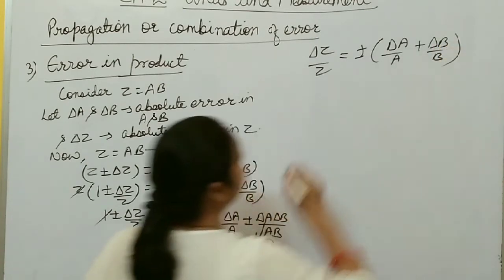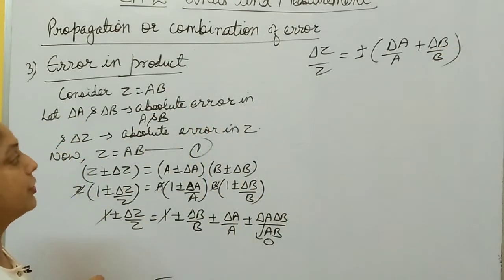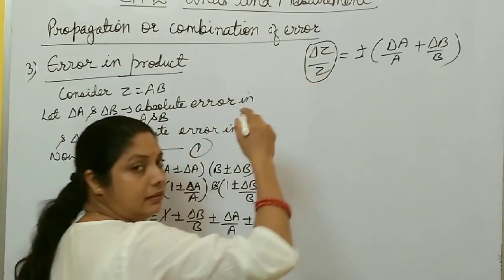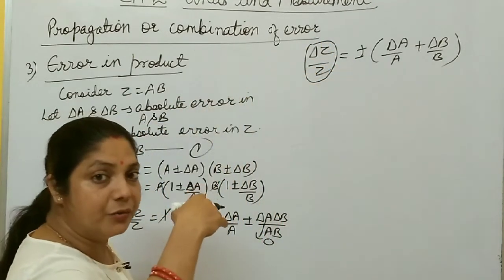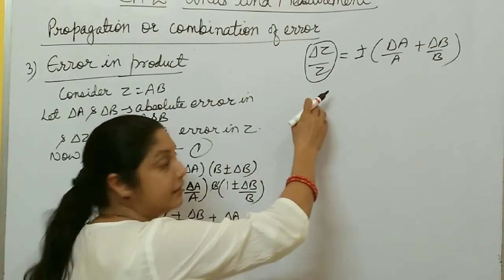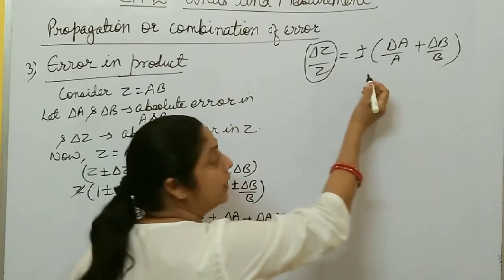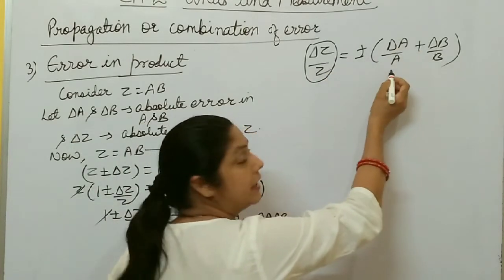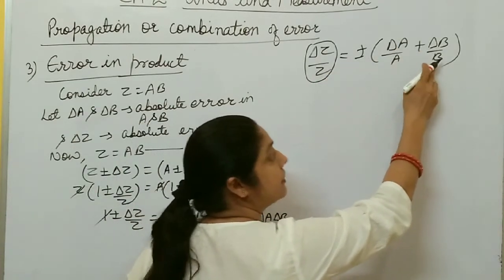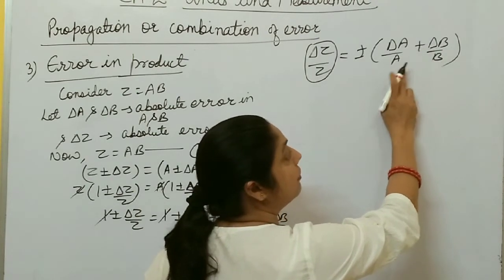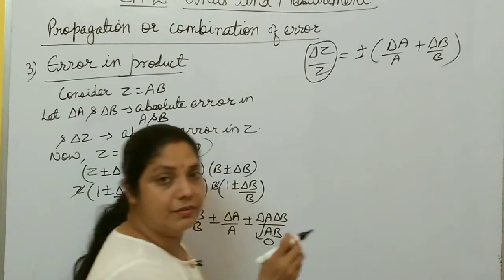Right? So in case of this multiplication or product, this is what? Relative error, right? Absolute error by true value is the relative error. So the relative error in the final measurement is equal to the relative error in measurement of A, and this one is the relative error in measurement of B. It means the sum of relative errors in the individual measurements.